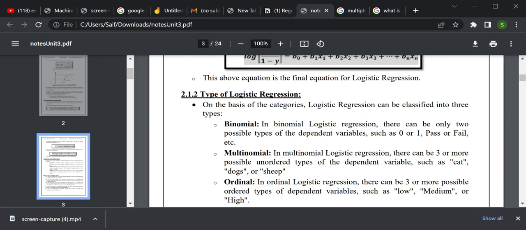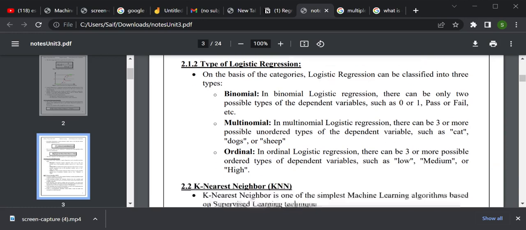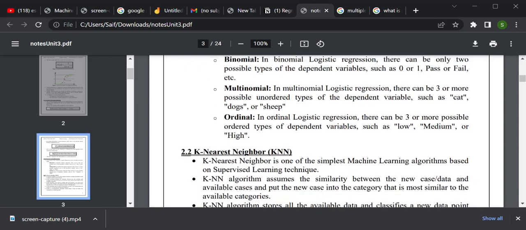It will not be in a sorted sequence. Whereas ordinal logistic regression will have three or more categories, but in an orderly sequence. So these are the three types of logistic regression.